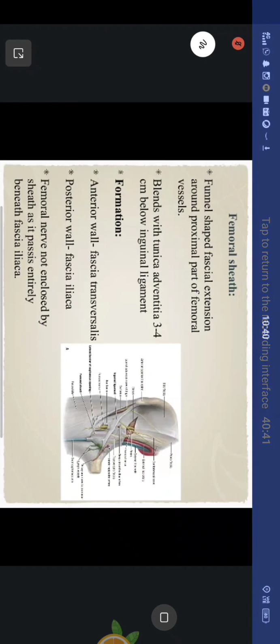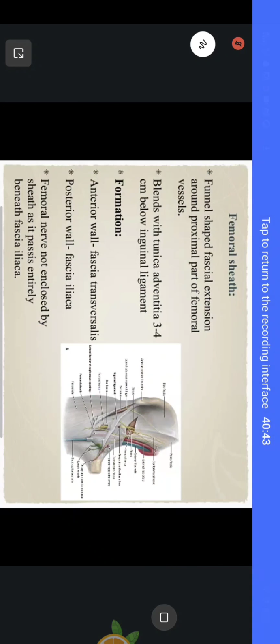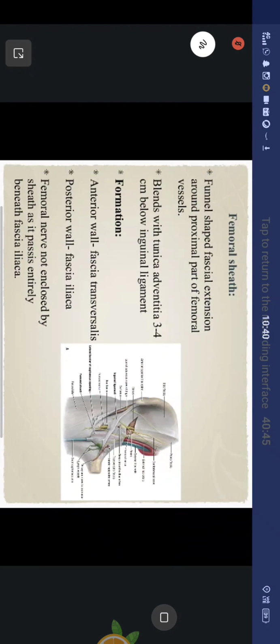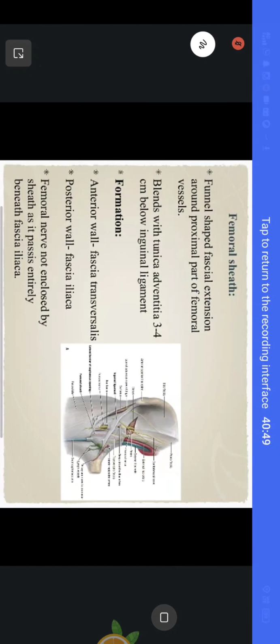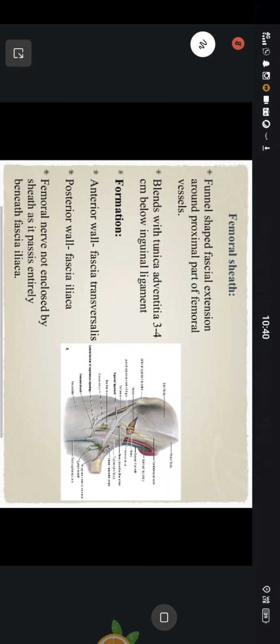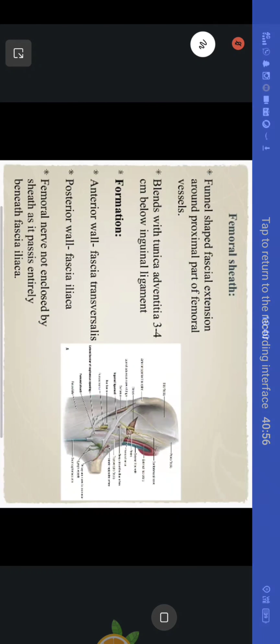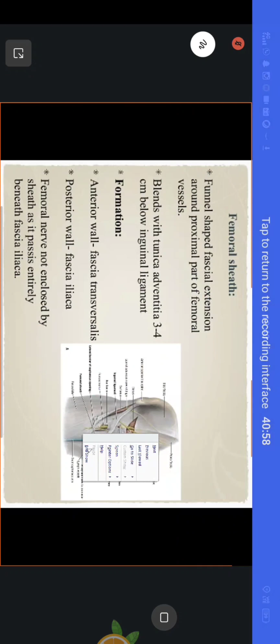And this femoral sheath has an anterior wall and a posterior wall. The anterior wall is formed by fascia transversalis and the posterior wall is formed by fascia iliaca. Again, I'll show you this diagram. Just give me a second, I'll show you just after this slide.